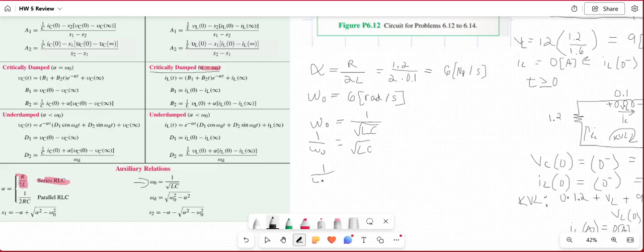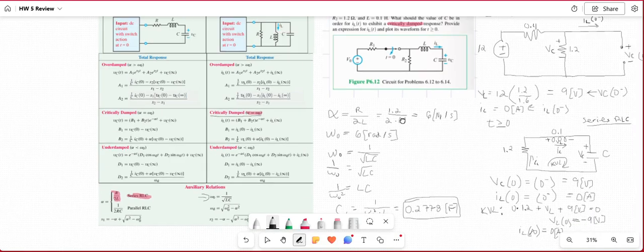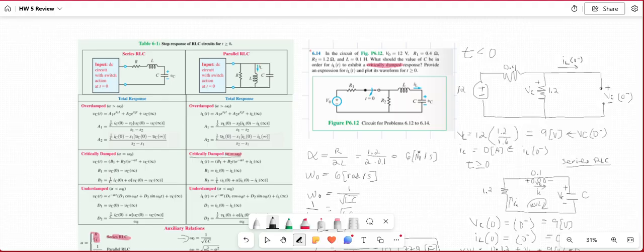We get 1 over W naught squared equals LC, and then C equals 1 over W naught squared times L. When we plug in our values, we get 0.2778 farads. So that's our capacitance value, and that answers the question where it says to find the value of C.